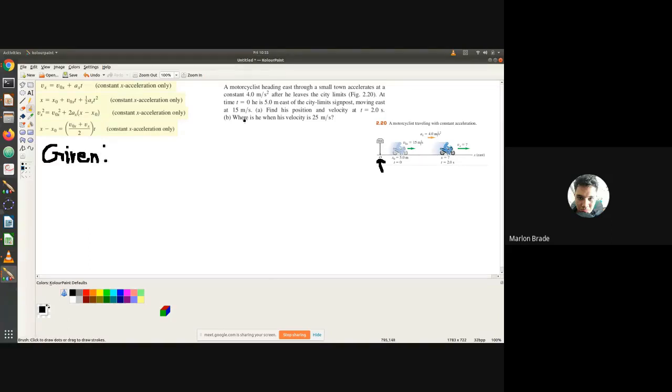Atong given is ax. Pila atong ax? This is 4.0 meter per second square.